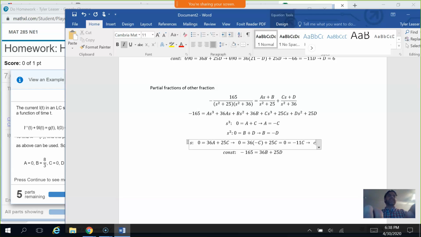In other words, C has to be 0. And then if C is 0, that means that up top here, A also has to be 0.